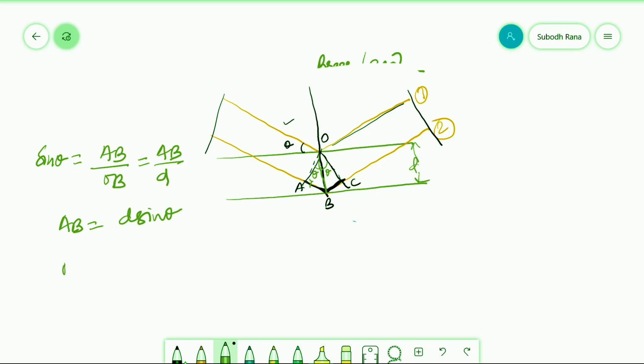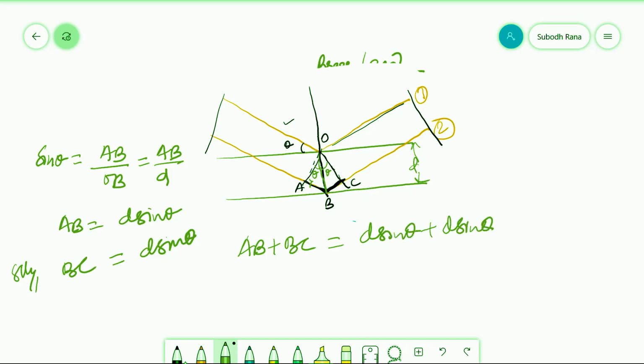Similarly, BC is equal to d sine theta. And what was our path difference? That is AB plus BC, equal to d sine theta plus d sine theta, equal to 2d sine theta. Fine.